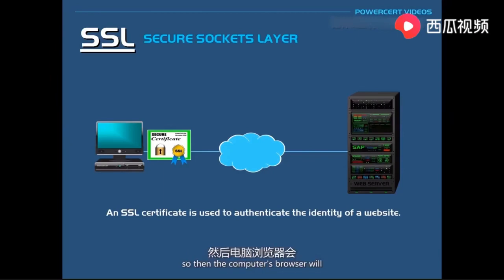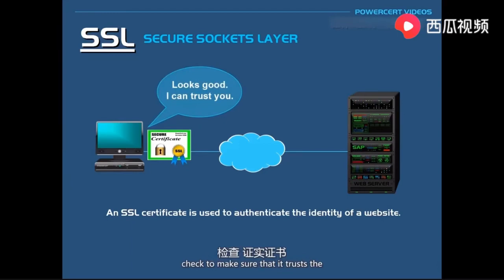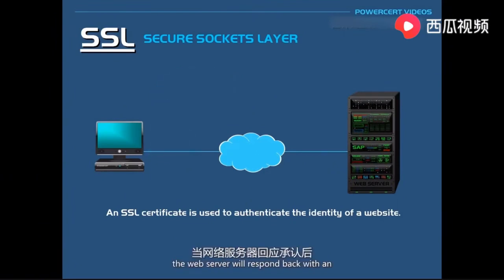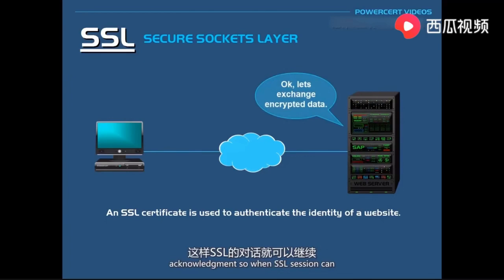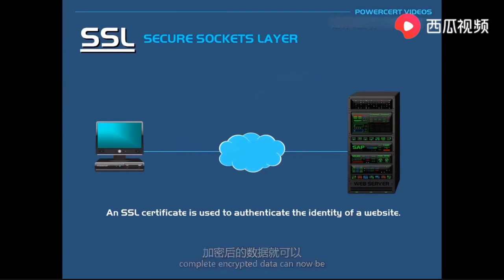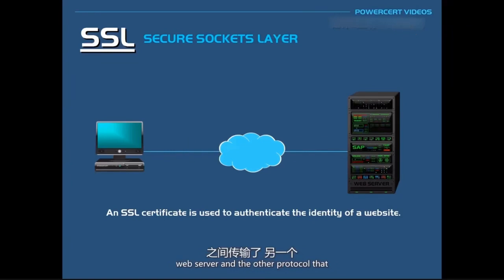Then the computer's browser will check to make sure that it trusts the certificate, and if it does, it will send a message to the web server. Then after, the web server will respond back with an acknowledgement so an SSL session can proceed. Then after all these steps are complete, encrypted data can now be exchanged between your computer and the web server.